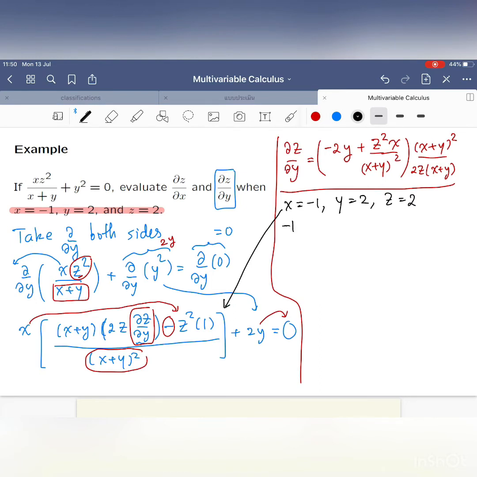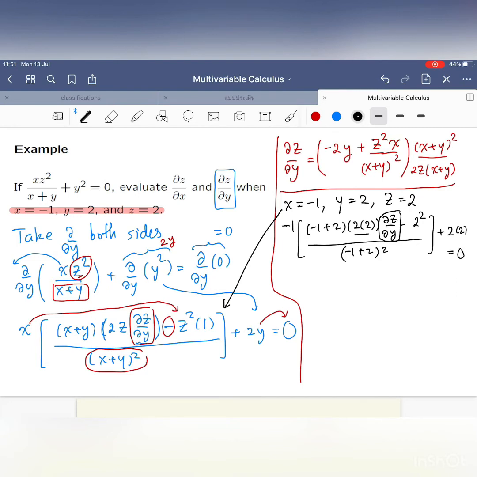So you have your x to be -1, y is 2, and z is also 2, dz/dy is the one you need, and then you have 2 squared over (-1 + 2 squared), plus the 2 and the 2, make it equal to 0. To solve for this, you just calculate it first.